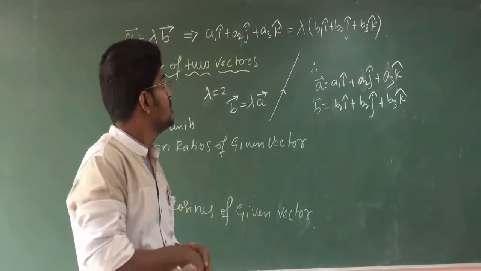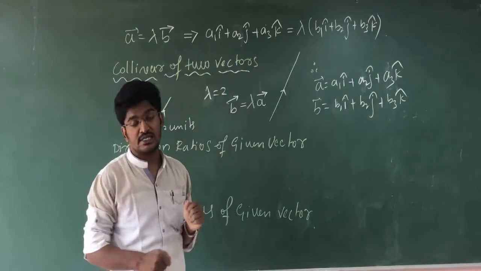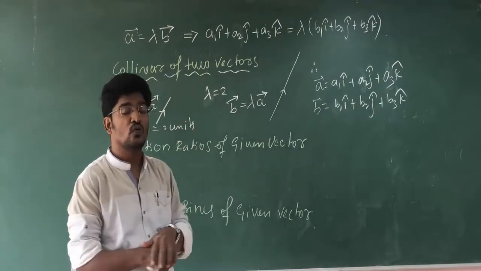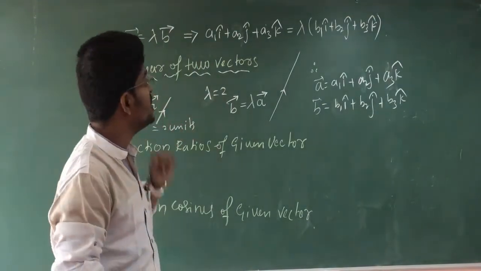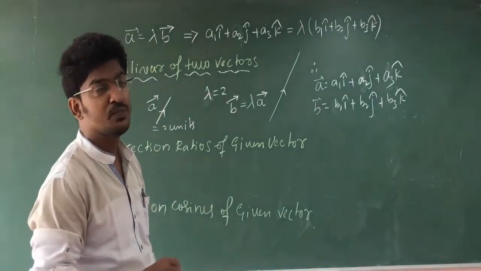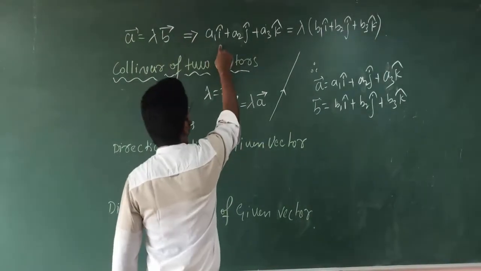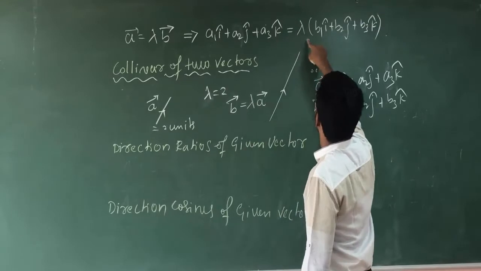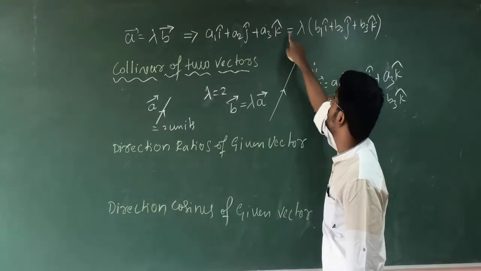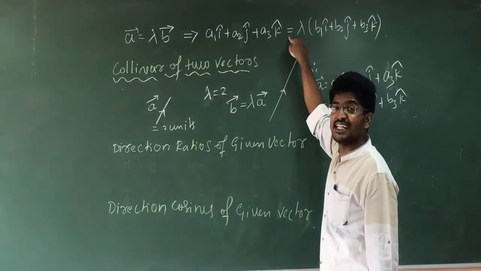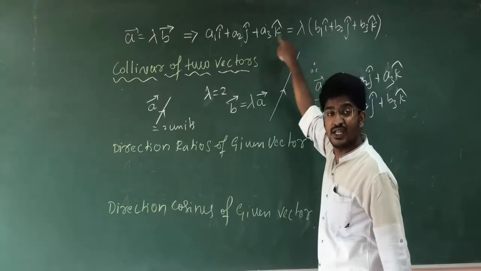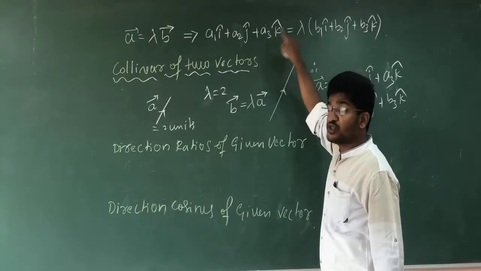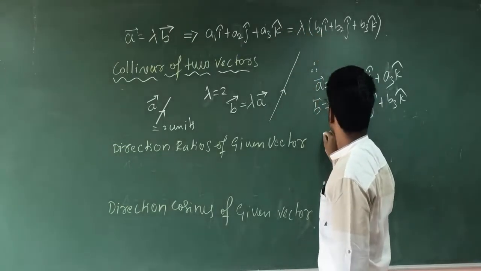Are you clear? So after writing these things, what happens? If you simplify that, A1 i cap must be equal to lambda times of B1 i cap, because if the equal sign is present, it tells that these two vectors are equal. So if these two vectors are equal, what are you going to get?